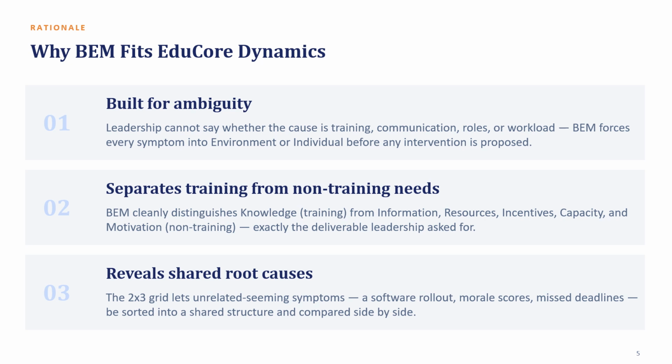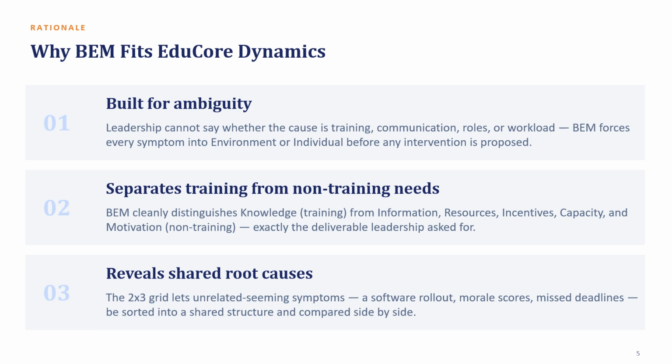Why the BEM model for the EduCore Dynamics case? 3 reasons. 1, the model is built for ambiguity. Note that the leadership cannot say whether the cause is training, communication roles, or workload. Second, the model separates training from non-training needs.